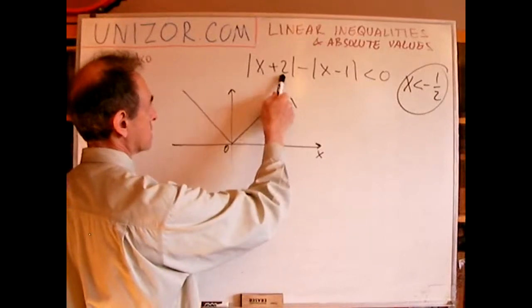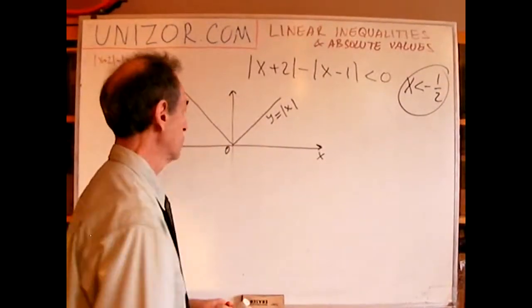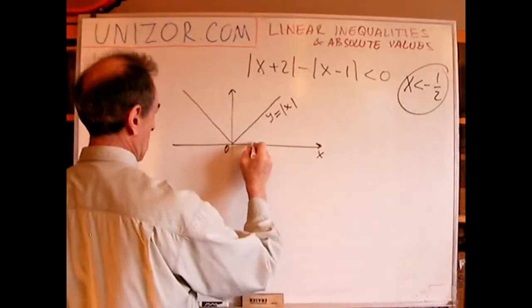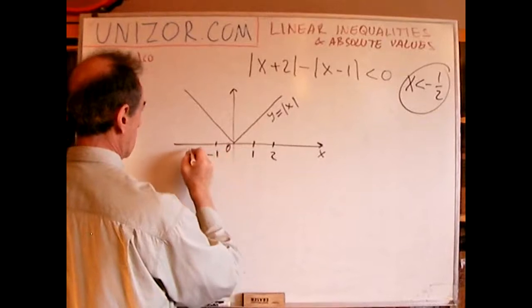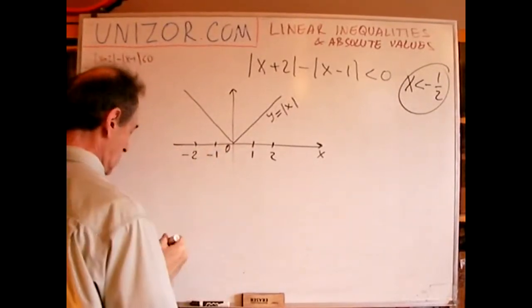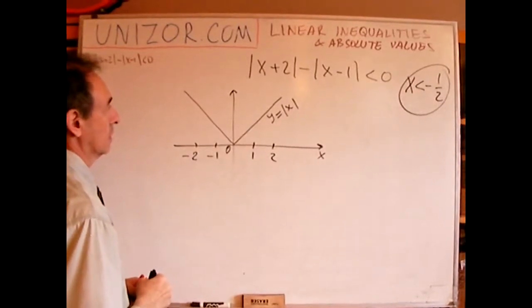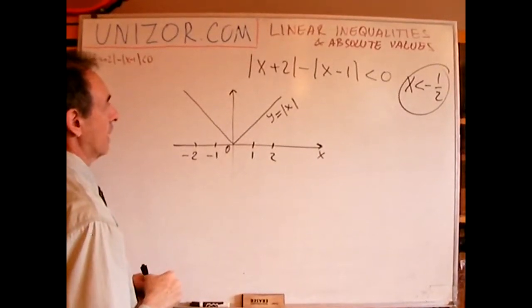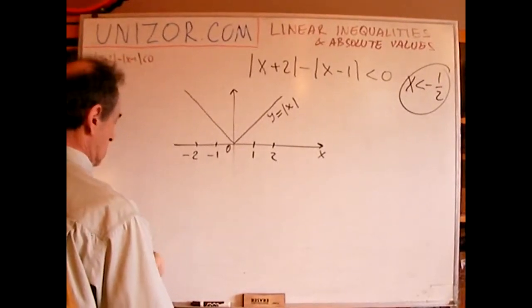Now, plus 2 means I have to shift the graph to the left by 2 units, right? This is 1, this is 2, this is minus 1, this is minus 2. So my graph of this particular element, absolute value of x plus 2, should look like this.